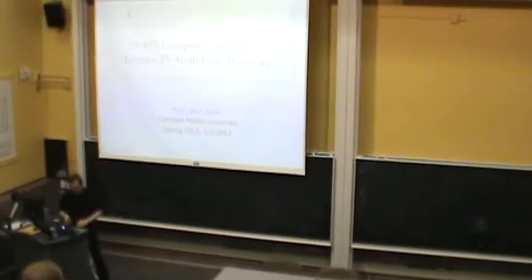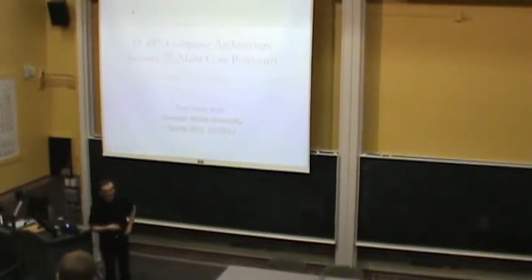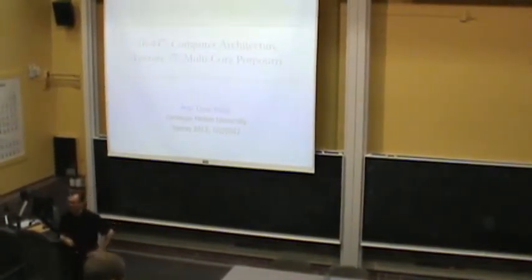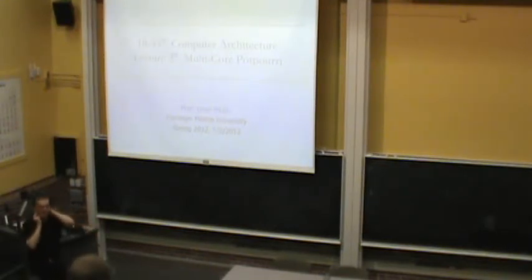Alright, I guess let's get started. People will trickle in, hopefully. So this is the last lecture. I have a lot to cover, but we don't have to cover any of it, really. This is just to give you an idea of what's going on in the multi-core domain. We've talked a lot about multi-core in this class.